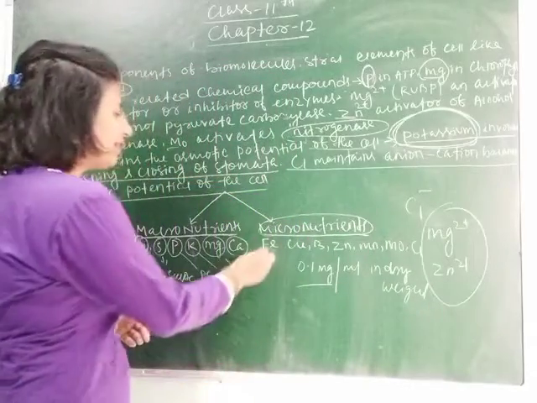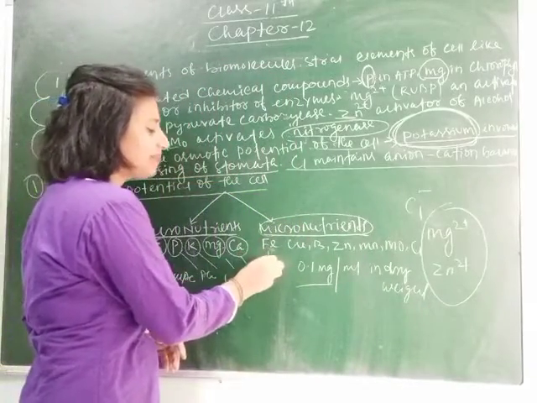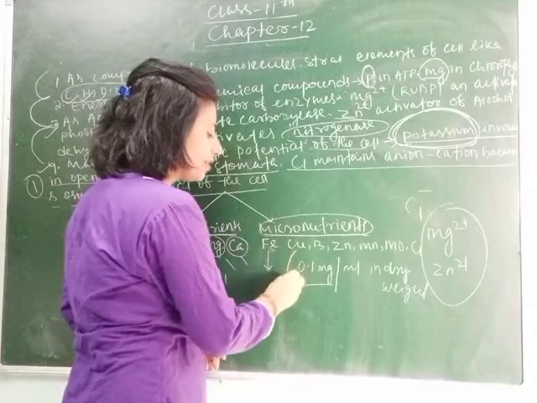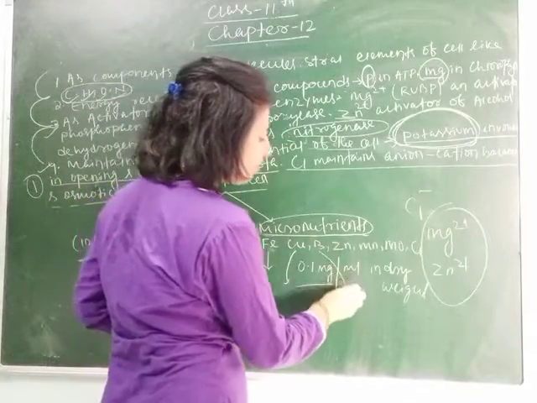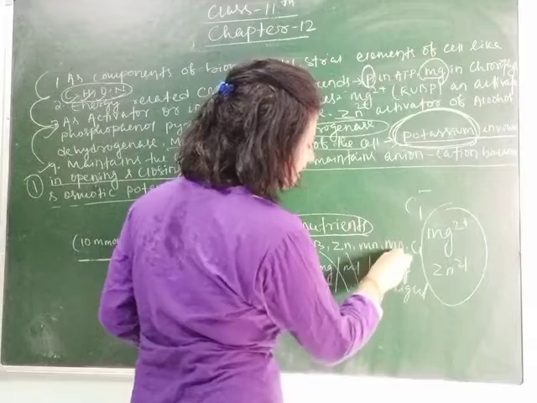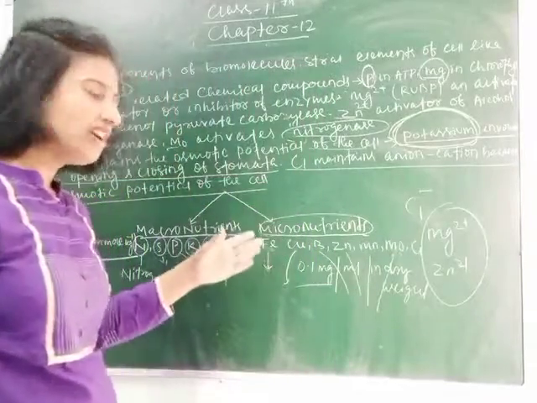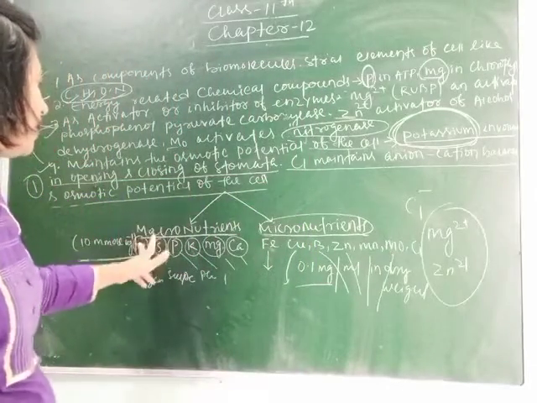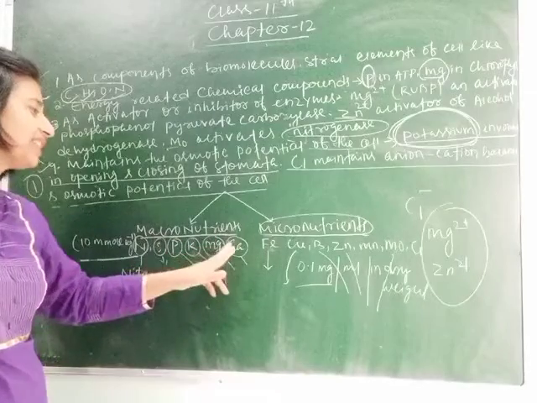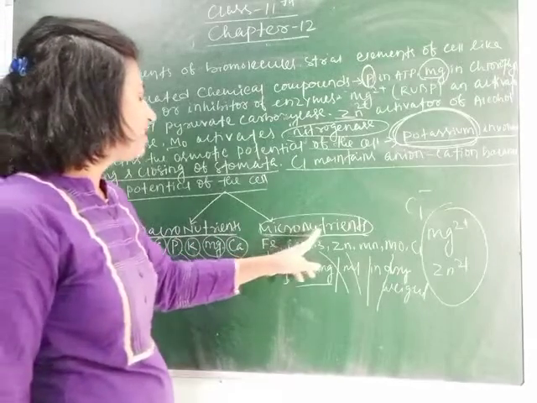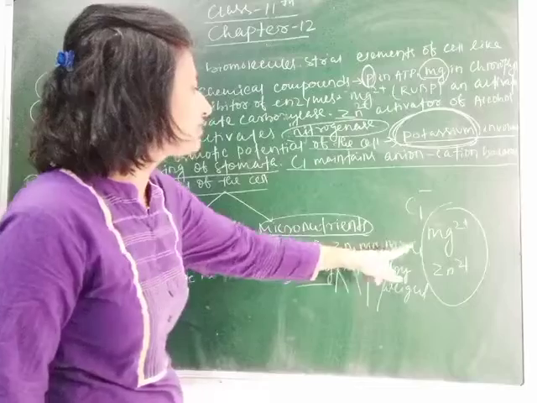Clear? So they are iron, ferrous, then copper, bromine, zinc, manganese and molybdenum. These are the micronutrients. So 1, 2, 3, 4, 5, 6, 7, 8, 9, 10, 11, 12, 13.